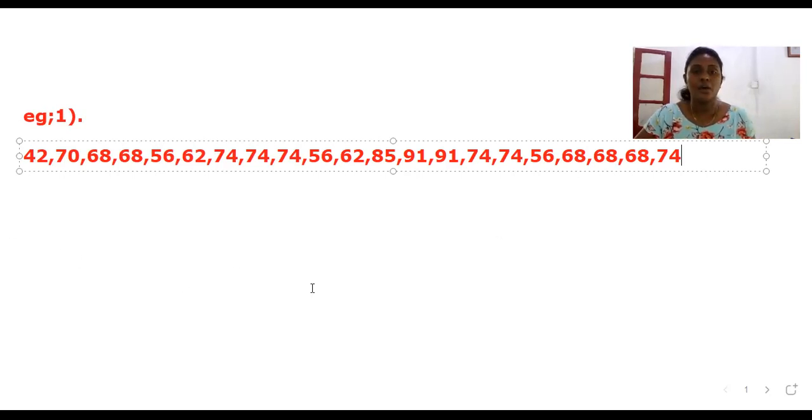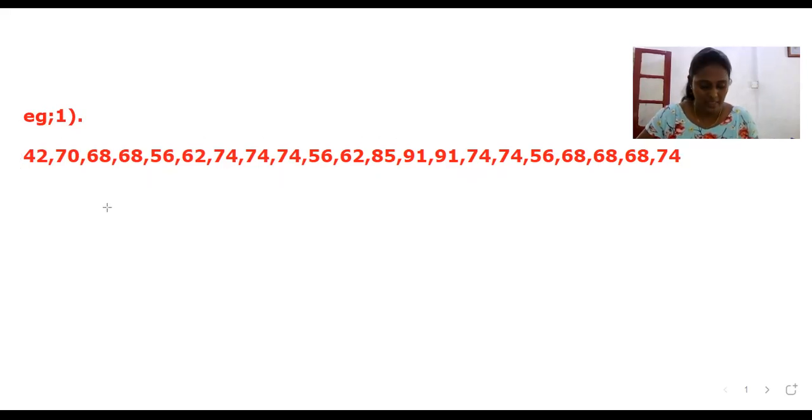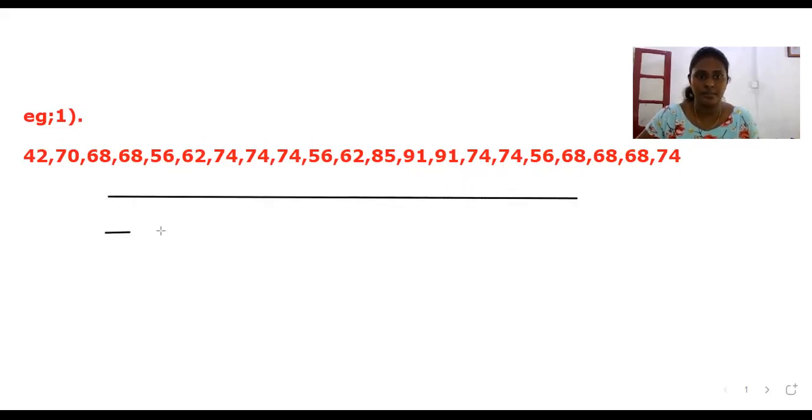Now here you can see, though there are 21 marks here, they are not 21 different values, some values are repeating. All are not different values. Now let's draw the ungrouped frequency distribution of this.